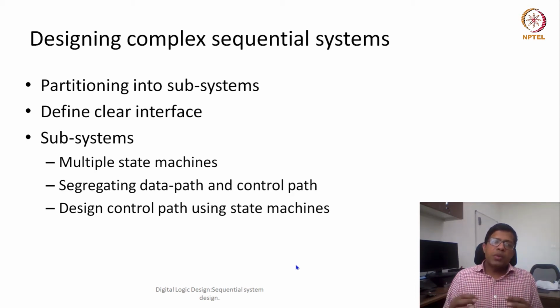Usually the major problem with a complex system is the detail and complexity. Because of that, sometimes designers get overwhelmed with the fine detail which is there in any complex system.